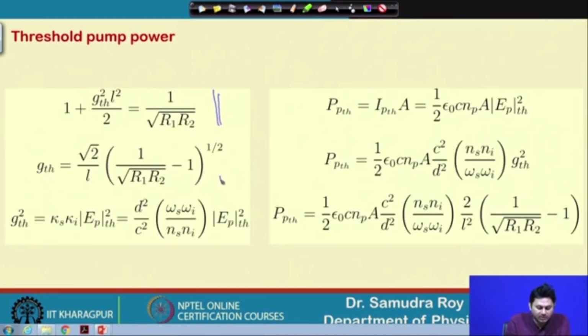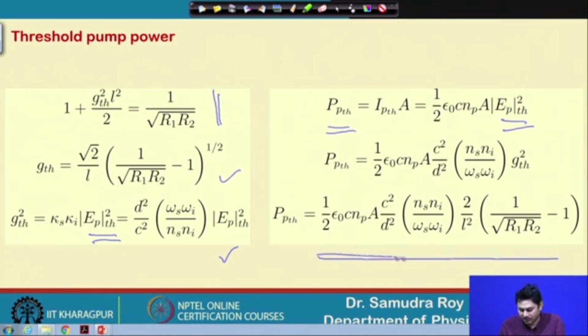So, G threshold is equal to this, root over of 2 divided by L, and G threshold squared, which is related to the EP threshold squared, which is nothing but the pump power, is this. So, pump power threshold is replaced by the mod square of EP at threshold, which now has G threshold. I just replace this G threshold and finally come to this expression.